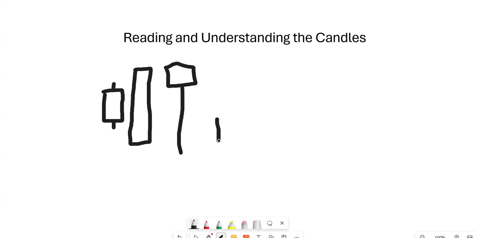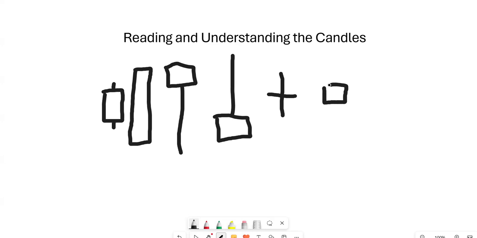You can have a candle like this, long wick at the top. Or you can have a candle that looks something like this. Another one, kind of like this, with equal size wicks on both sides. So what do these candles mean?